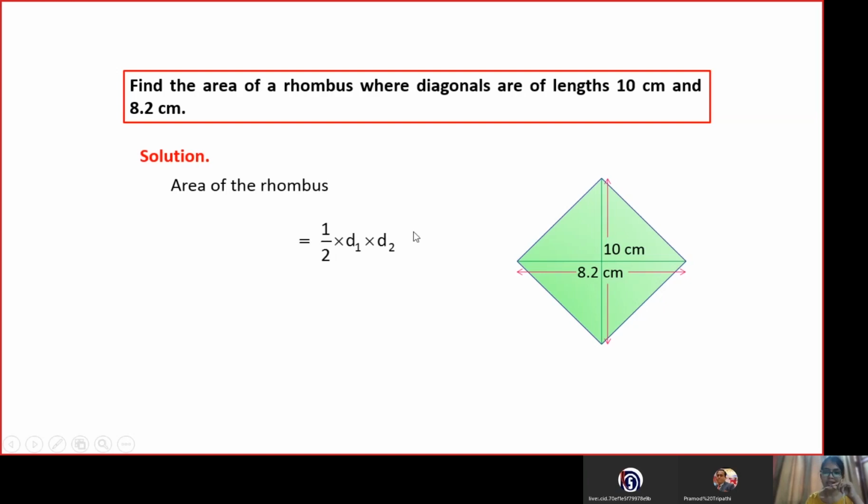So the area will be half into 10 into 8.2, which is 41 centimeter square.